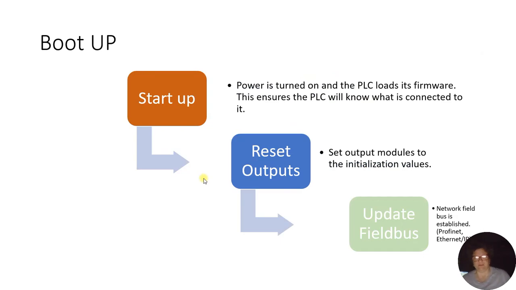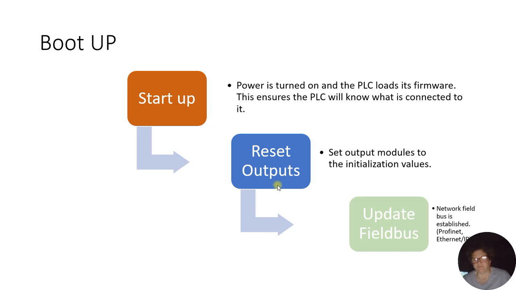Now, if you look at a PLC and how it gets the sensor data to the upper part of the ISA95, when you boot up a PLC, the power is turned on, the PLC loads its firmware, and when it does that, it goes out and checks what kind of sensors it's actually connected to.